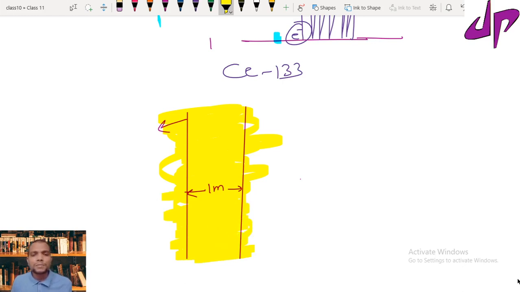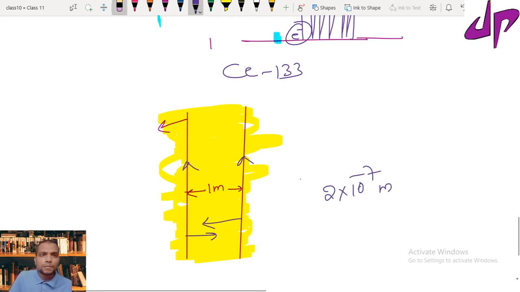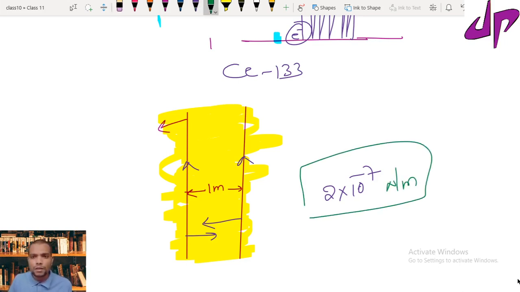So if these two conductors are kept in the vacuum, what happens when current passes through them? Because of the magnetic field, these two conductors will repel each other. That's the earlier knowledge we already have. Now when they are repelling each other, they apply a force of 2 into 10 power minus 7 Newton per meter on each other.